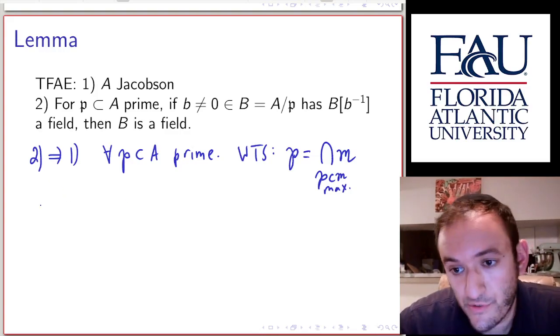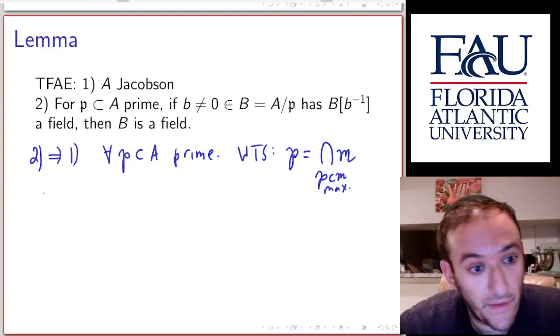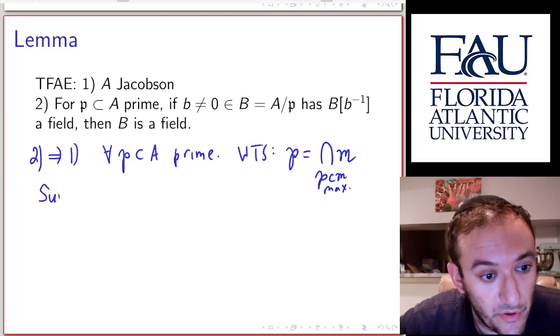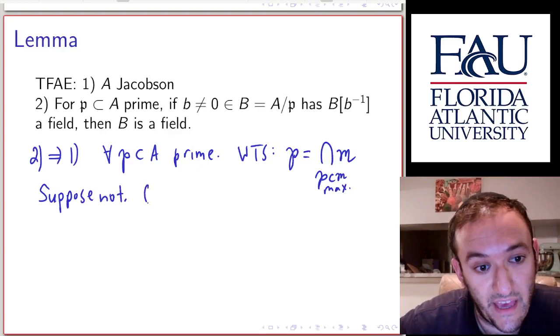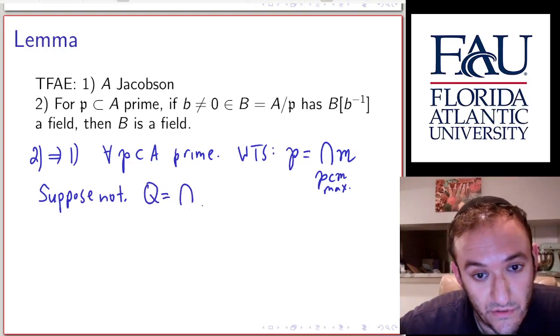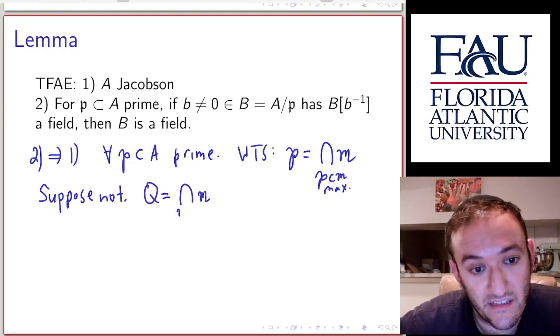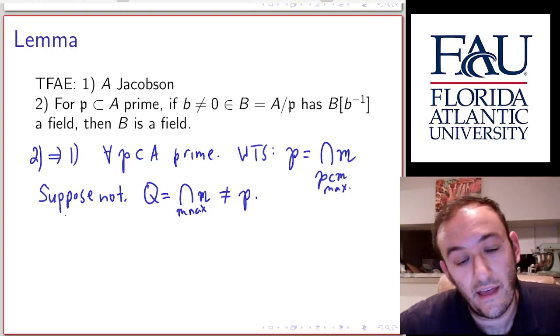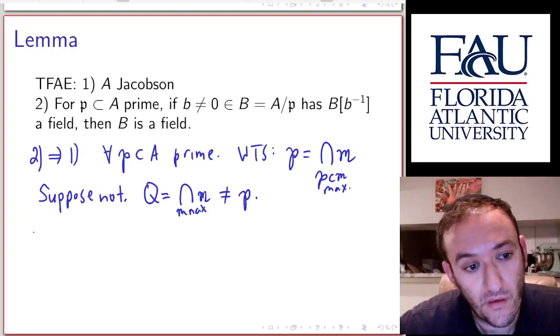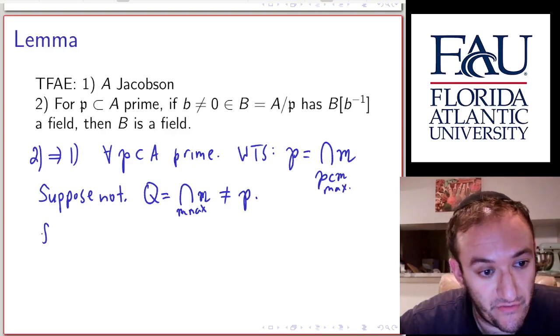We're going to suppose the opposite and deduce a contradiction. So suppose not. Okay, so we have Q equal to the intersection of all of the maximal M containing P, and this is not equal to P. So we can find some element f in Q minus P.